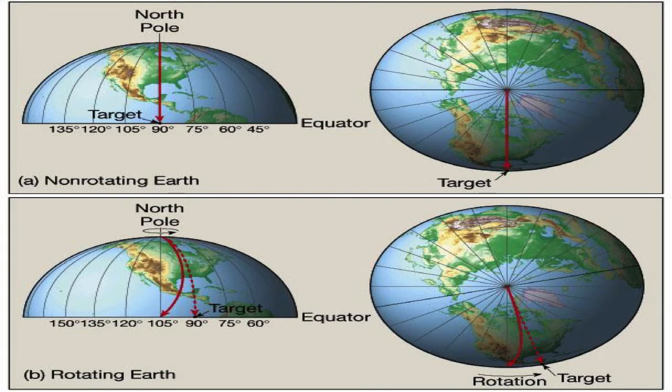It is also strongest at the poles and weakest near the equator. This image shows what it would be like if the Earth did not rotate and there was no Coriolis effect. And B, the bottom part, shows what it's like with it, how it rotates and causes a curve.